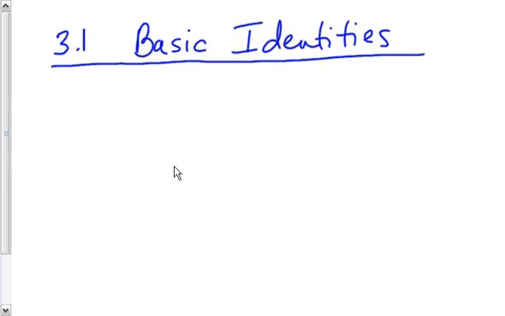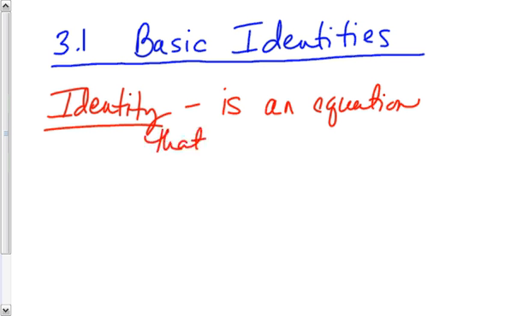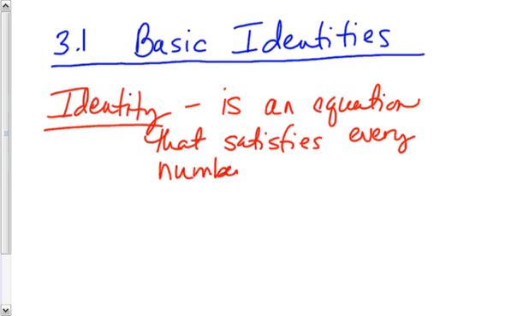So, let's start with reviewing what an identity is. An identity is an equation that is satisfied by every number for which it is defined.